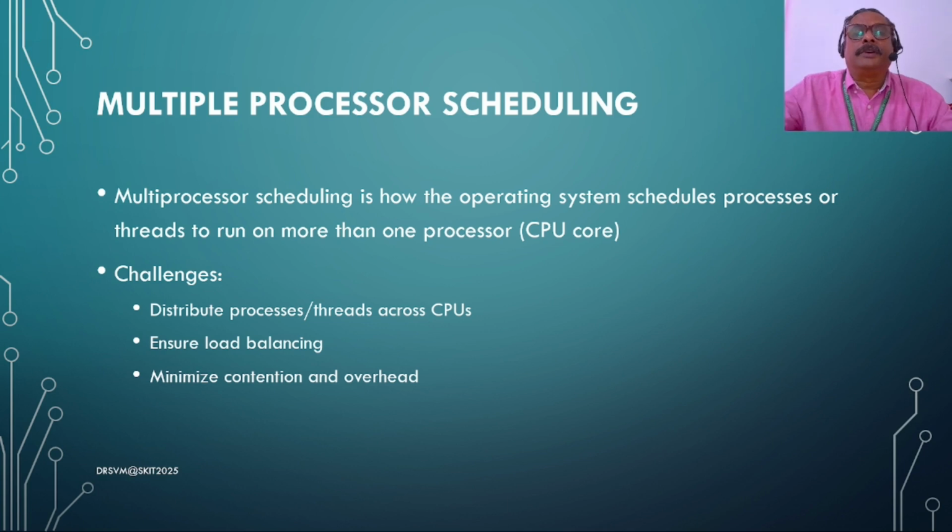Now next time if it is allotted to some other processor, then this whole thing has to be reloaded there, and that may take extra time, so that will be overhead, and that has to be kept to a minimum.